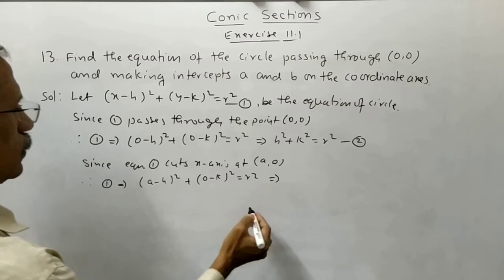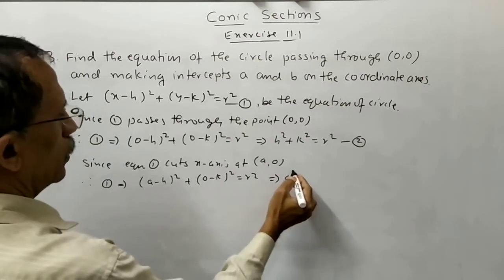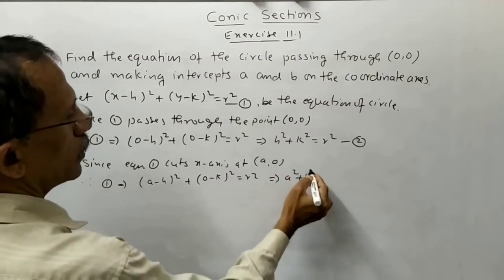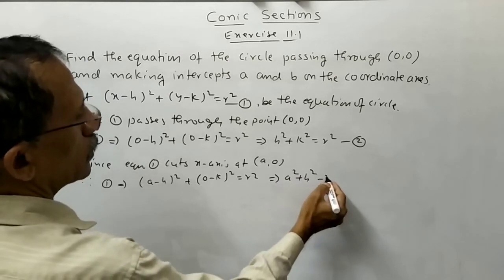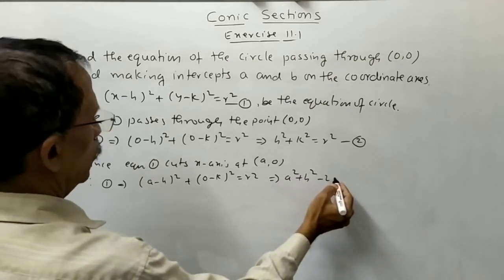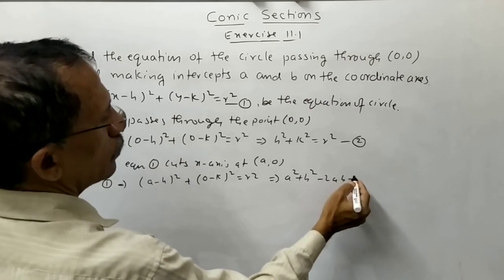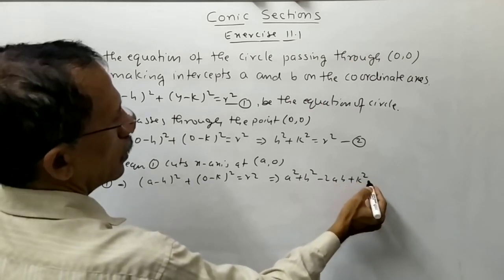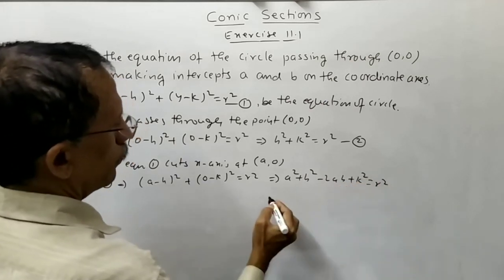This implies a square plus h square minus 2ah plus k square is equal to r square.